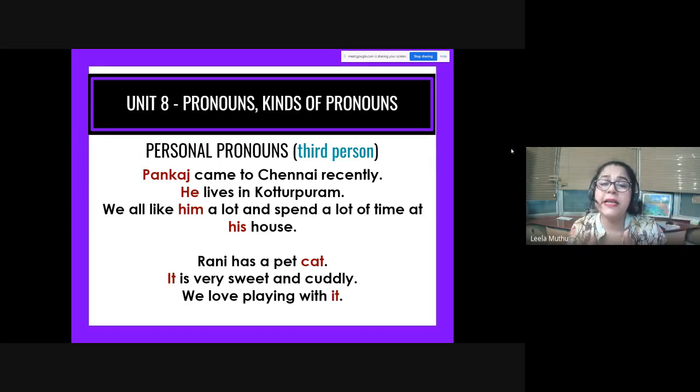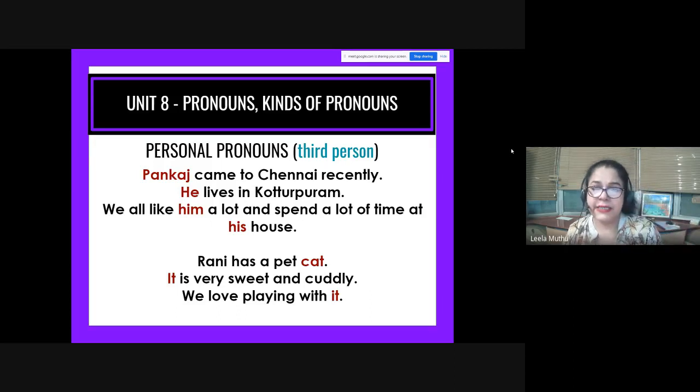So we use masculine, singular pronouns of the third person to replace the masculine noun. So Pankaj is the noun, and the pronouns he, him, and his replace the noun Pankaj, singular pronouns of the third person.